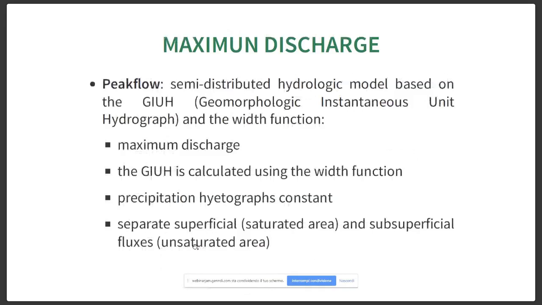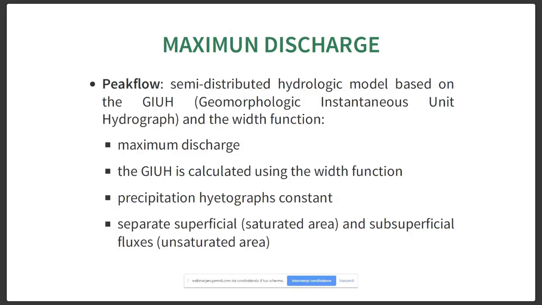Finally, you have to run the model for the evaluation of the maximum discharge, which is called PICFLOW. PICFLOW is a semi-distributed hydrologic model based on the geomorphologic instantaneous unit hydrograph and the width function. You can calculate the maximum discharge with it.